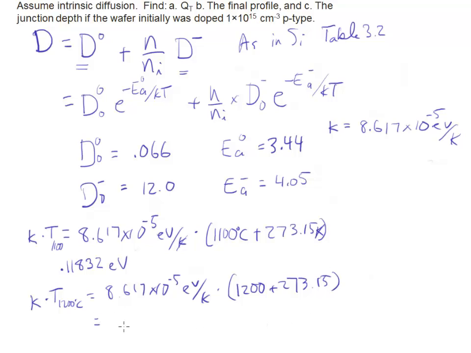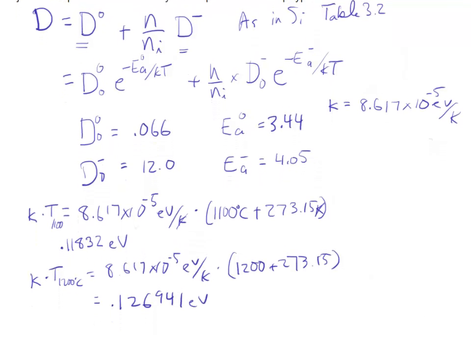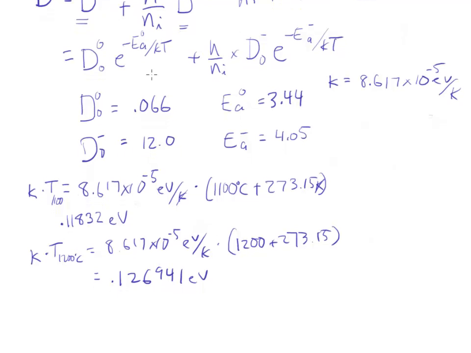And I'm not going to do the calculator on this one, but you can check it on your own just to verify that I did it correctly, and that is 0.12691 electron volts.